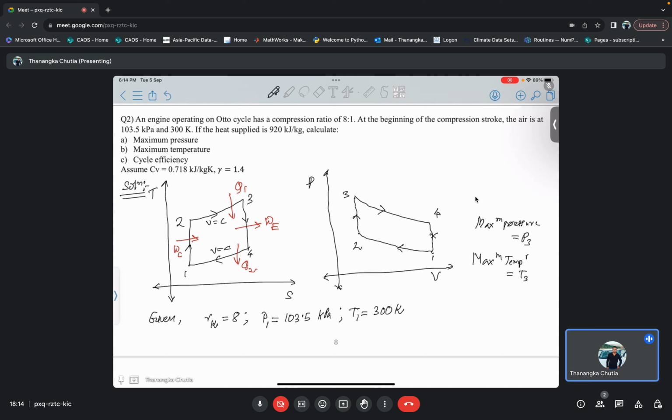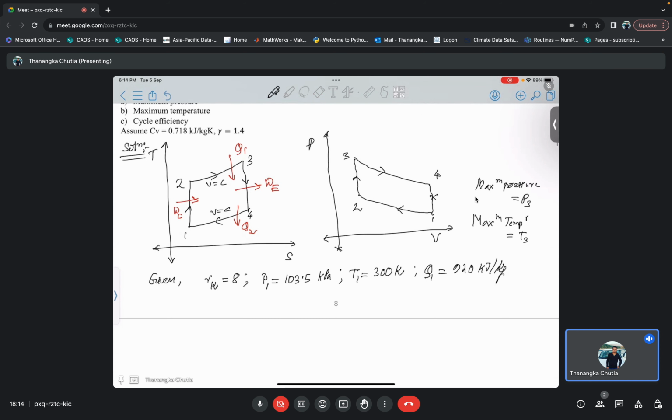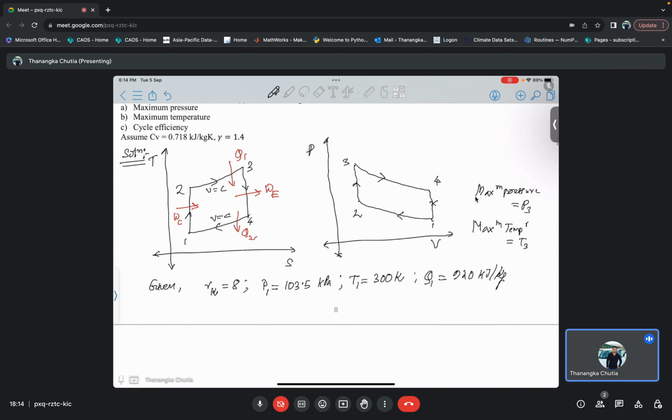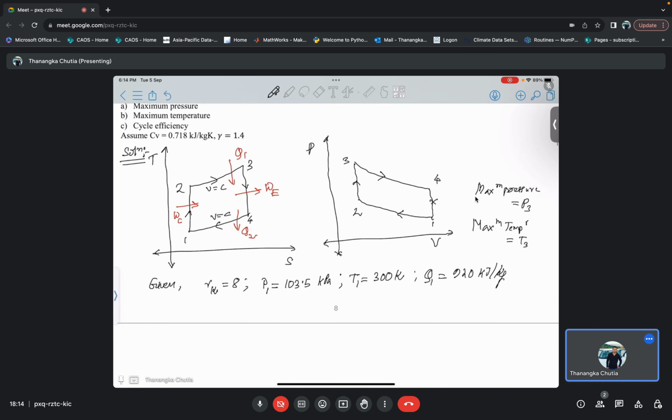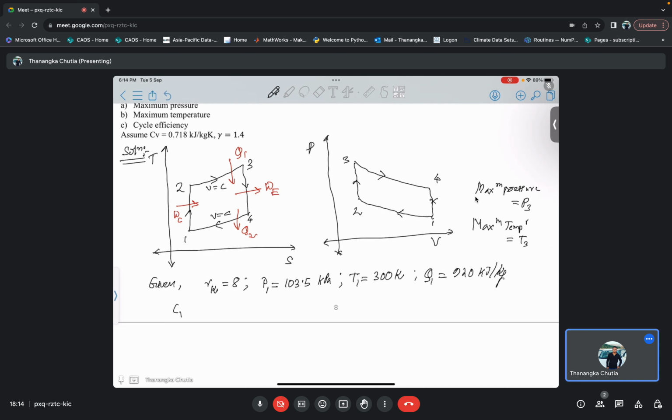Then the heat supplied, Q1, is given as 920 kilojoule per kg. We have to calculate the maximum pressure, the maximum temperature and also the cycle efficiency from this, and Cv is given as 0.718 and gamma is given as 1.4.